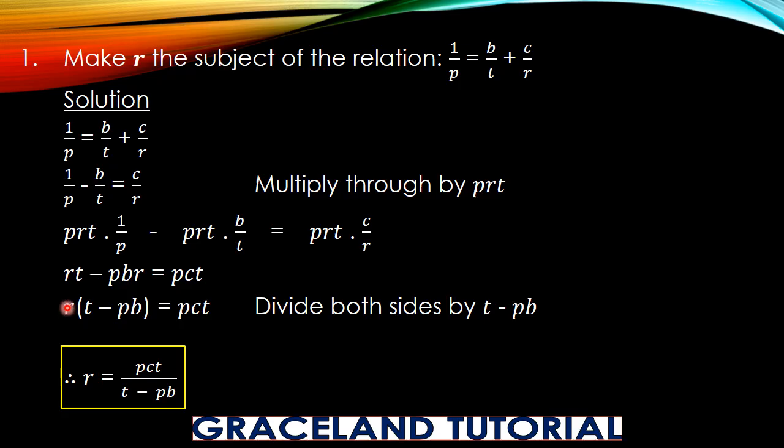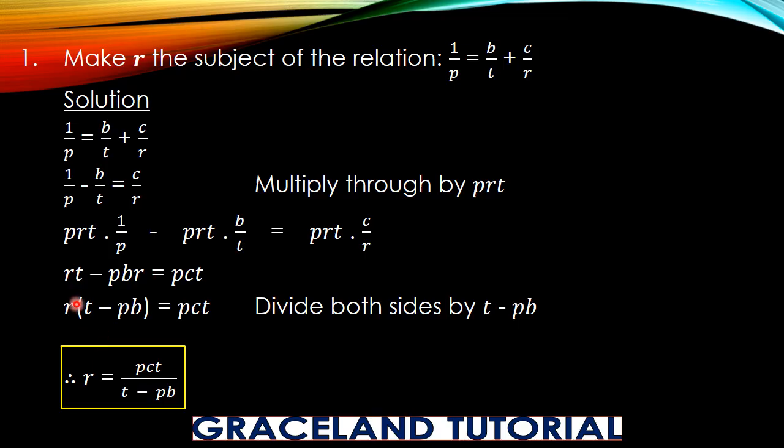To make this R the subject of the formula, you divide both sides by T minus PB. Now, R into T minus PB over T minus PB.